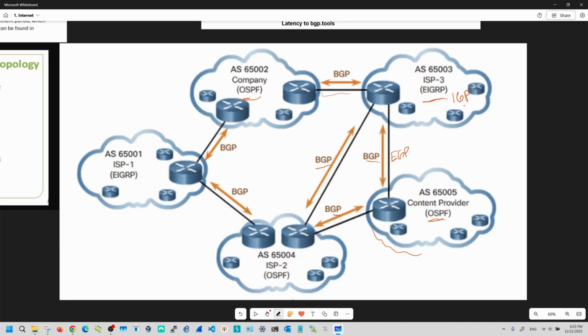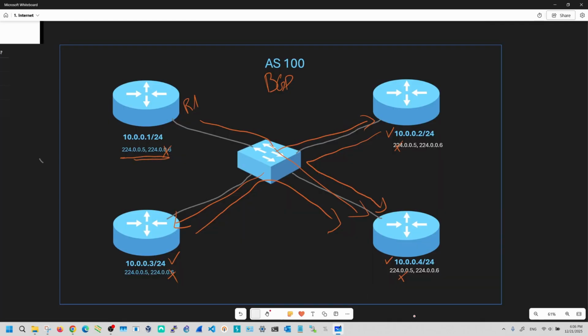We talked about differences between external gateway protocols and internal gateway protocols, so EIGRP and OSPF, and how you would use EIGRP and OSPF within autonomous systems and BGP between autonomous systems. We also talked about how OSPF and EIGRP use multicast IP addresses to exchange IP routes and how BGP uses unicast IP addresses, and why is it so difficult to implement BGP within autonomous system.